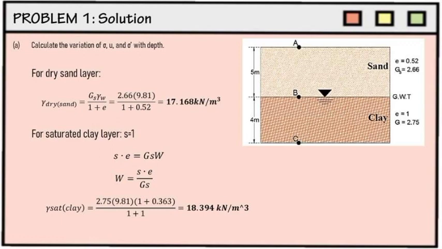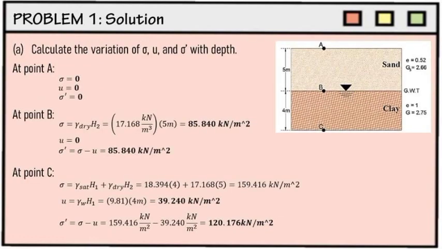Substitute, so we can get 1 times 1 all over 2.75, which is 0.363. For gamma saturation, 2.75 multiplied by 9.81 multiplied by 1 plus 0.363 all over 1 plus 1 is equals to 18.394 kilonewton per meter cube.